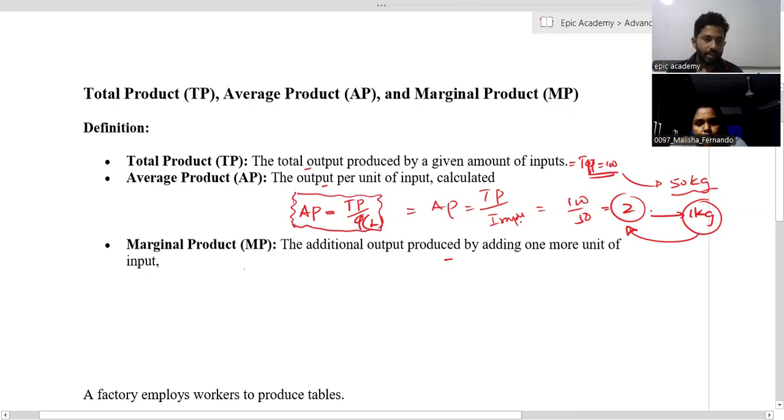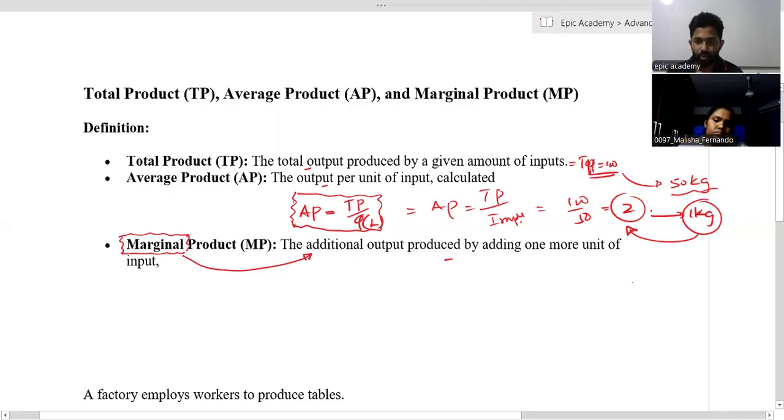Right. In marginal production, do not worry about the name of marginal. Marginal means additional. Always, marginal represents the additional. The additional output produced by adding 1 more unit of the input.